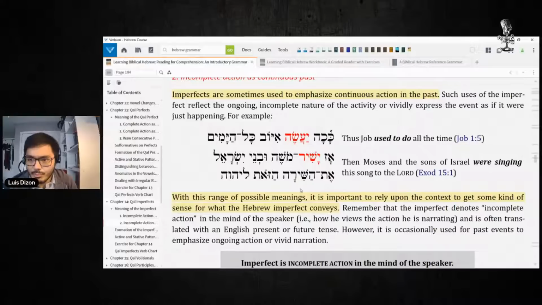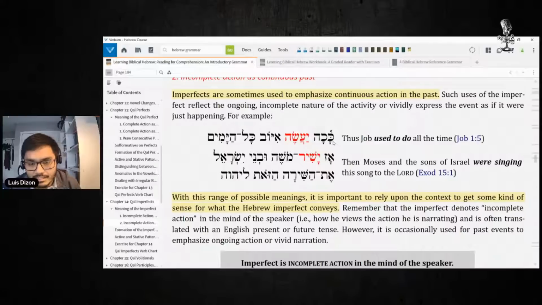In Job chapter 1, verse 5, you had Kacha yaase Iyov kol hayamim. So, in translation, thus Job used to do all the time. So, used to do in the Hebrew is yaaseh. You may recognize this as the imperfect form of the verb asa, or to do.